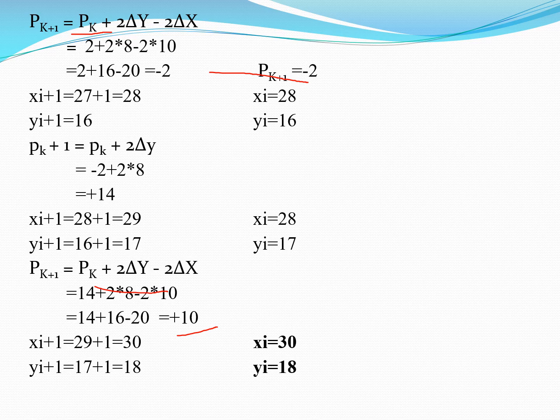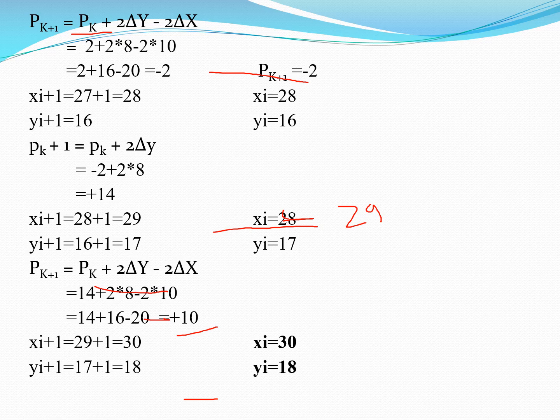Here there is a mistake. We get xi plus 1 as 29, right? Here xi should be, this is not 28, this is 29. Sorry for this, it's 29. So increasing by 1, that is 30.